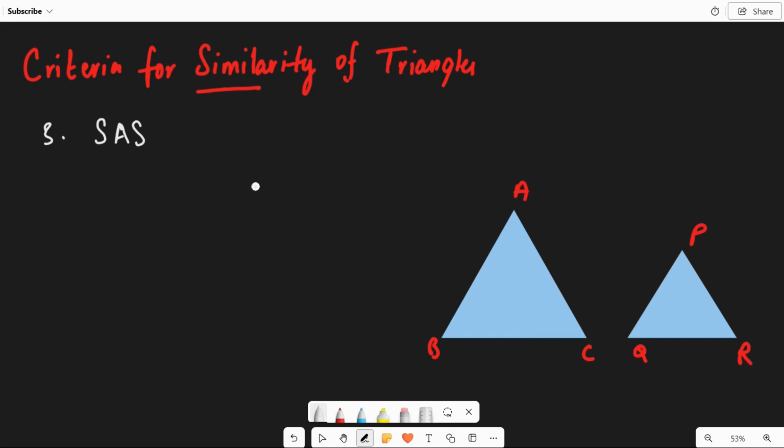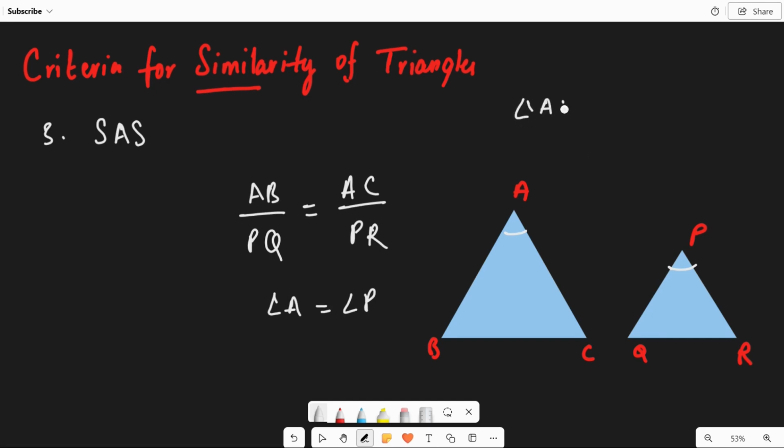Assuming the sides AB by PQ are in proportion to AC by PR, and the angle including these two sides, which is angle A, is equal to angle P, then these two triangles are similar by the SAS criterion.